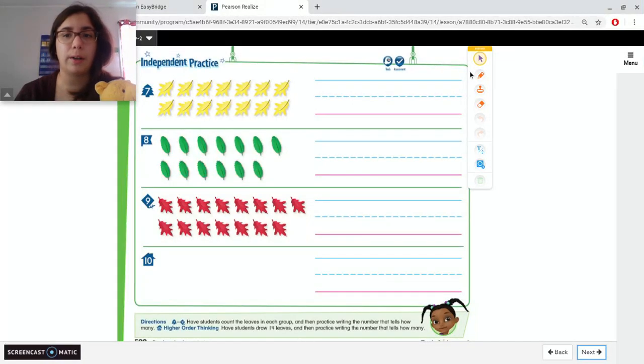How many leaves did you count? 14. Let's double check. 1, 2, 3, 4, 5, 6, 7, 8, 9, 10, 11, 12, 13, 14. Very good. So we're going to write the number 14 as best as we can to show how many leaves there are. Great job.